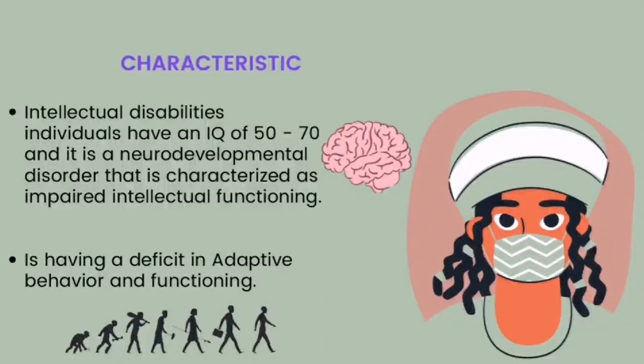And there are characteristics of intellectual disability. Individuals have an IQ of 50 to 70, and it's a neurodevelopmental disorder that is characterized as impaired intellectual functioning, and also having a deficit in adaptive behavior and functioning.